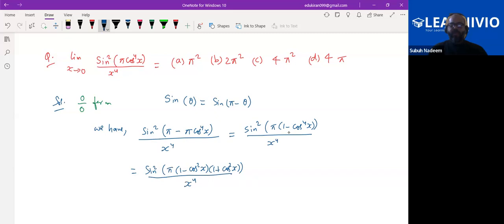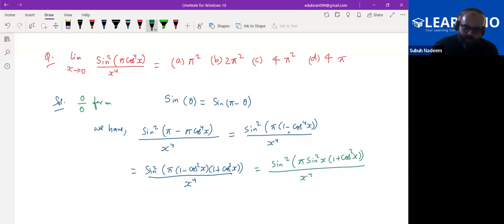Now 1 minus cos square x can be written as sine square x. So sine square pi sine square x into 1 plus cos square x, we can write it like this, by x to the power 4.